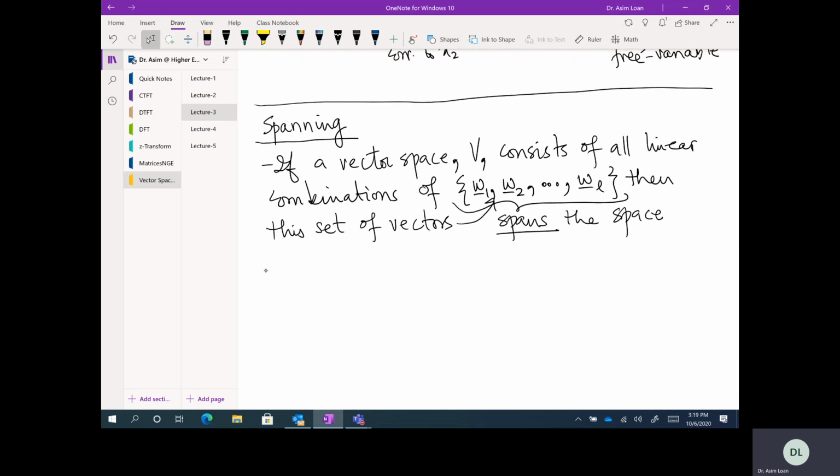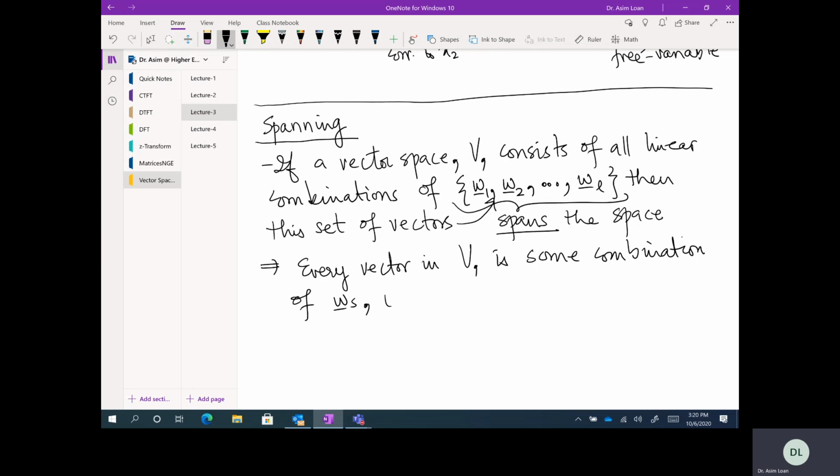What does this mean? This implies every vector in the vector space V is some combination of the W's. That is, V is C1 W1 plus C2 W2 plus ... CL WL for some Ci.